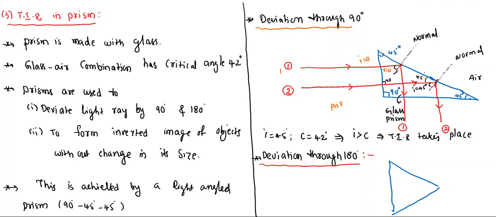This is the prism, and these two angles are 45 degrees and 45 degrees, and this is the 90 degrees.